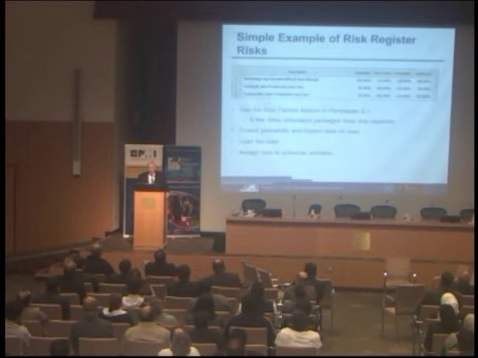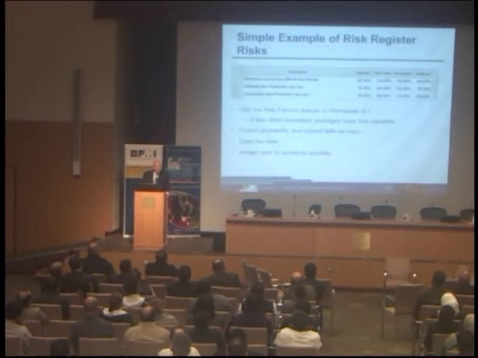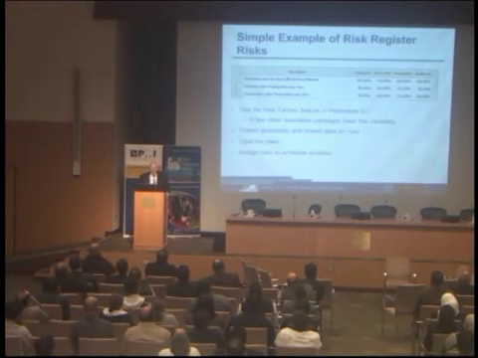So let's take a simple example of risk register risks. Okay, I've got technology may be more difficult than planned. The way that's stated, it can't help you. So the optimistic value is 100%. The very best you can do is what's in the schedule.